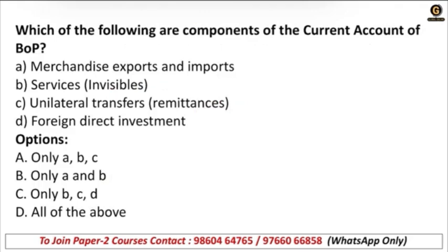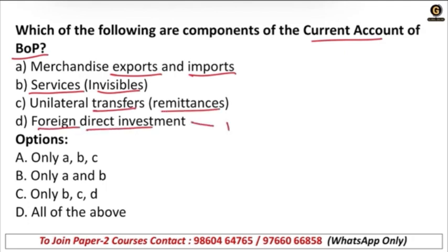Next, which of the following are components of the current account of a BOP? Merchandise exports and imports, services, which are invisibles, then unilateral transfers, remittances, and foreign direct investment, which is called FDI. We have already discussed FDI as well.